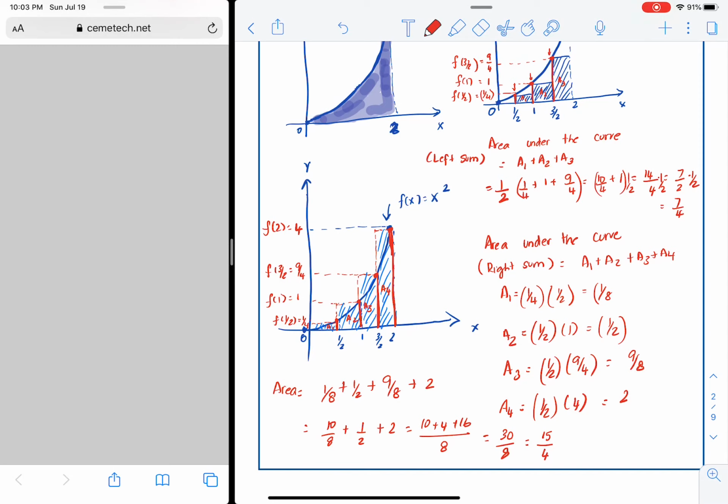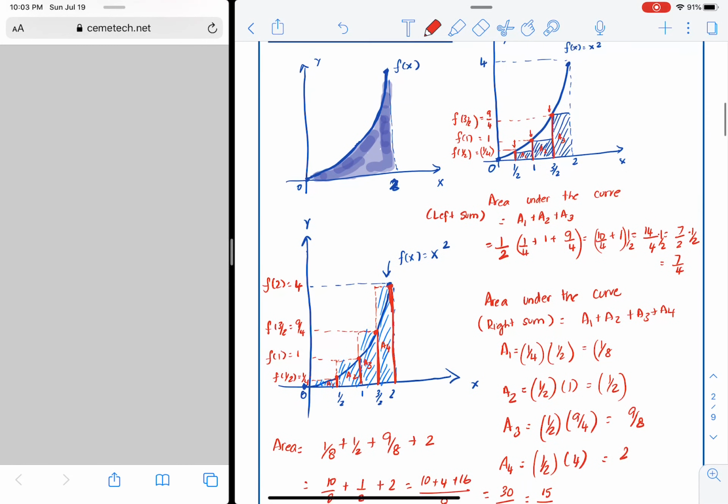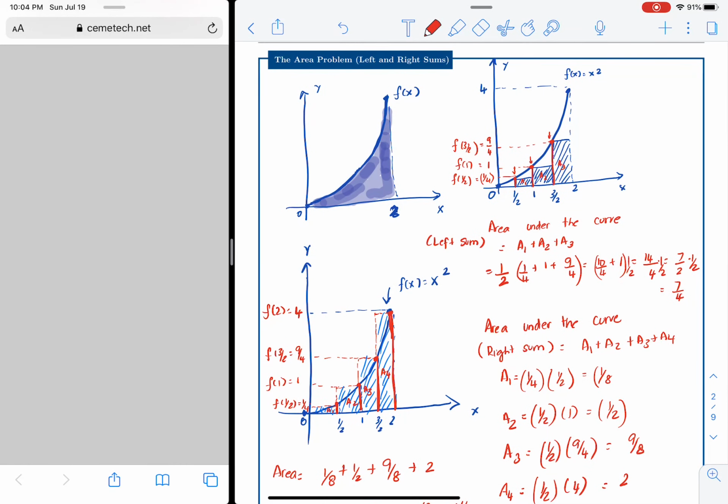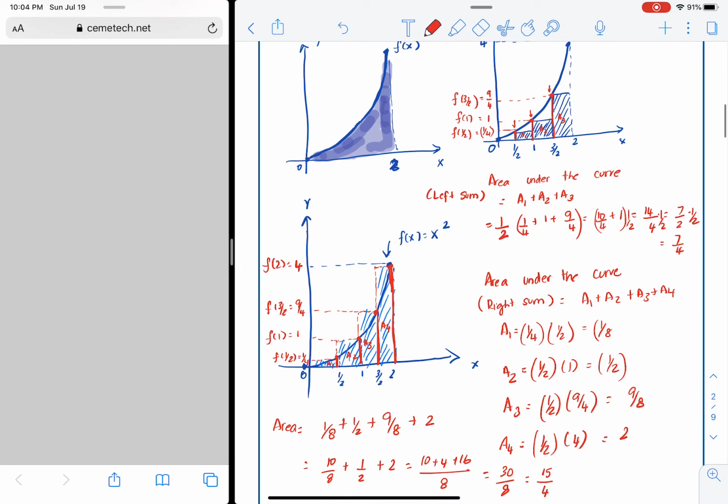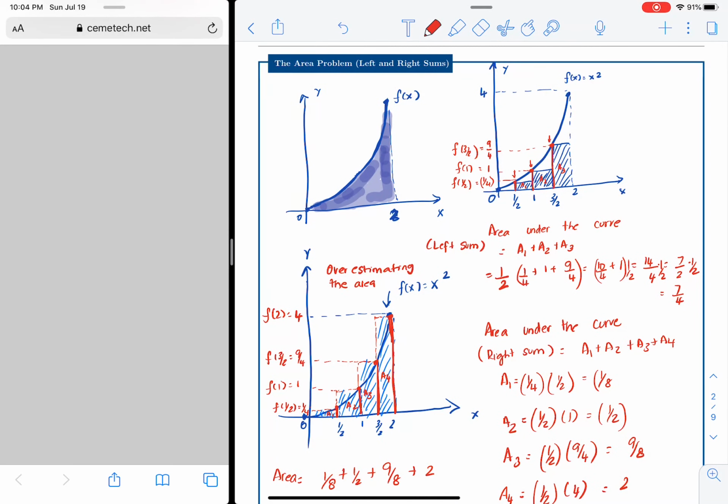So what we have is the area from the right-hand side, the right sum, and the left sum. Clearly, you can see we're trying to find the area under the curve, but with the right sum, we are actually overestimating because the rectangles that we formed go outside of the curve. With the left sum, we are underestimating the area.